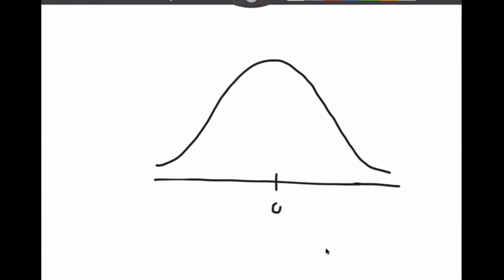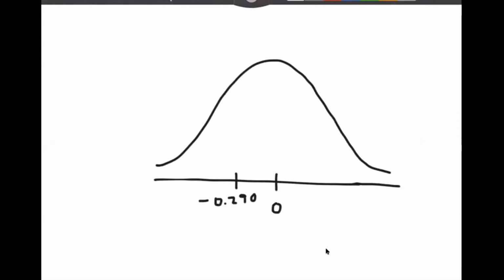So now I want to switch over to my pad so I can explain what this means. Here is my t distribution, and we have a calculated test statistic, negative 0.290.